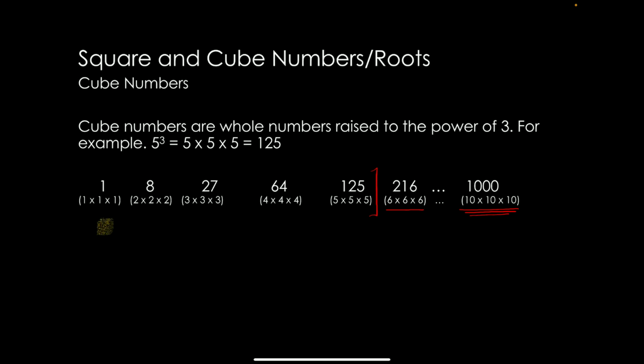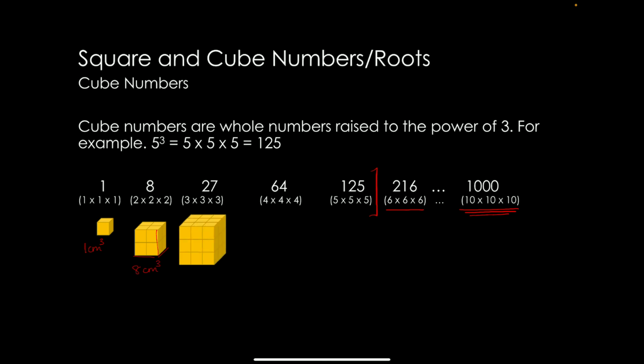Now, the reason they're called cube numbers is because if you take a 1 by 1 by 1 centimetre cube, you end up with 1 centimetre cubed if you multiply them together. If you had a cube that was 2 by 2 by 2 centimetres, that gives you 2 times 2 times 2, giving you 8 centimetres cubed.